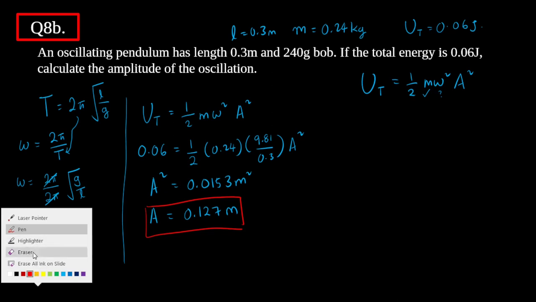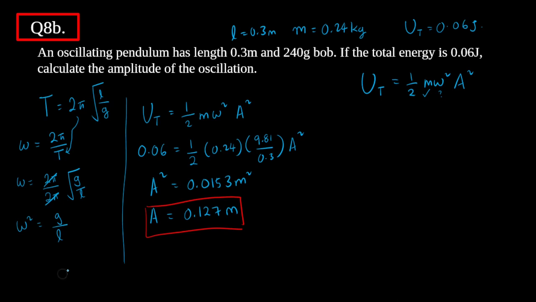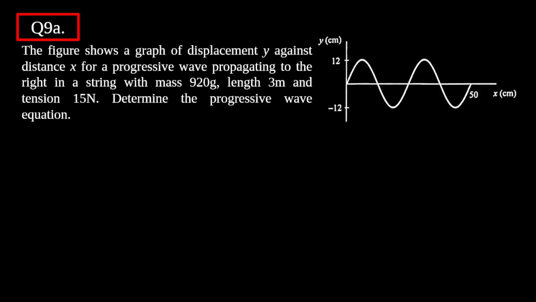We learned that when dealing with oscillations, it's generally useful to talk about the angular frequency. Because in both questions 8a and 8b, it was useful for us to focus our work on omega. All right, let's move on to question 9.